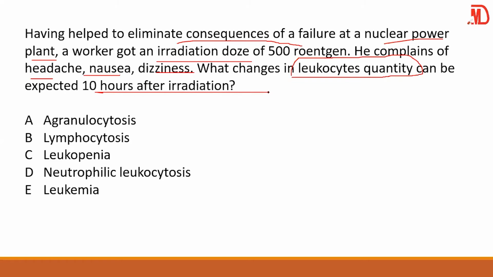So first of all, the nuclear radiation will produce an inflammatory reaction in the patient. And neutrophils are the first leukocytes that cross the blood vessel wall to enter the inflammatory site.